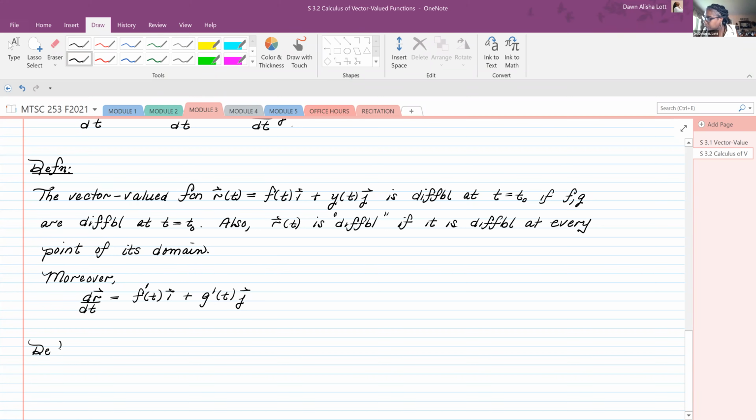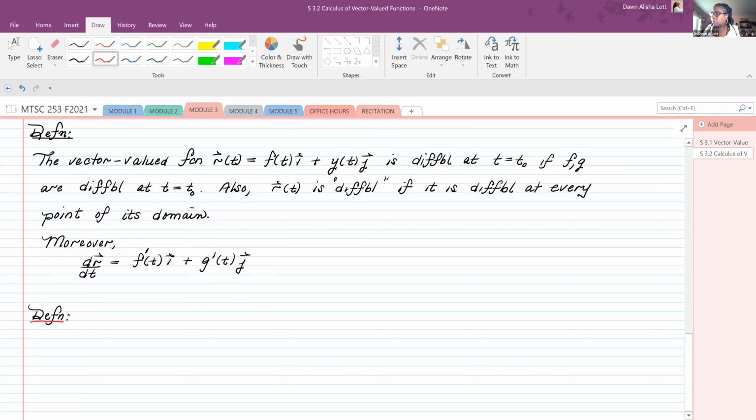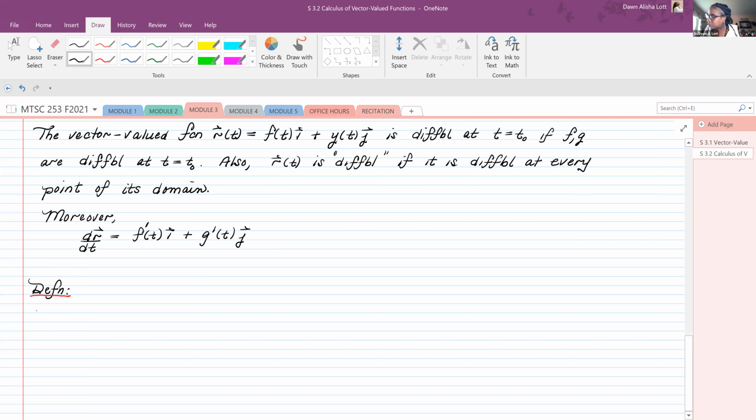Definition. The curve traced by r is smooth if dr dt is continuous and never zero.